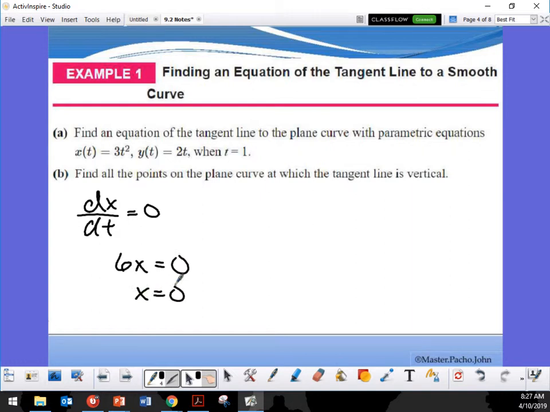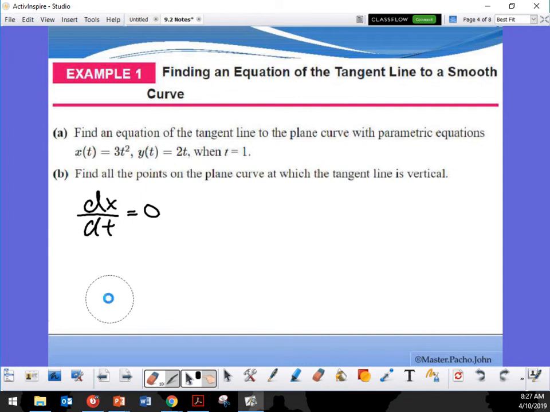Now, what is the stipulation to go along with that? It's on the notes. Something else has to happen. Very good. dy/dt is not equal to 0. That's what I need. So when x is 0, what'd I do here?